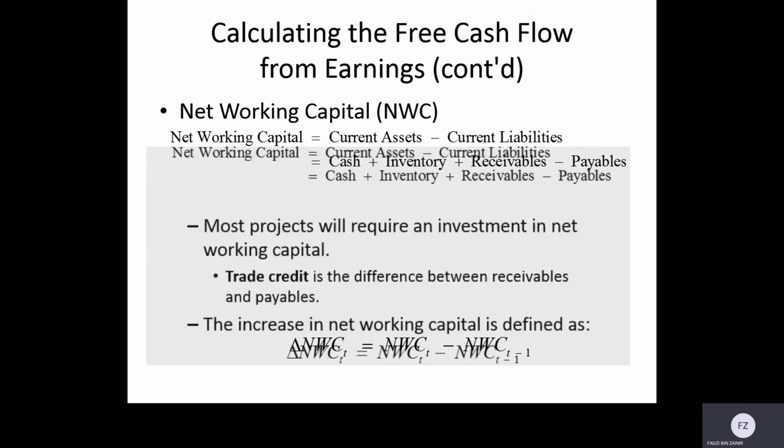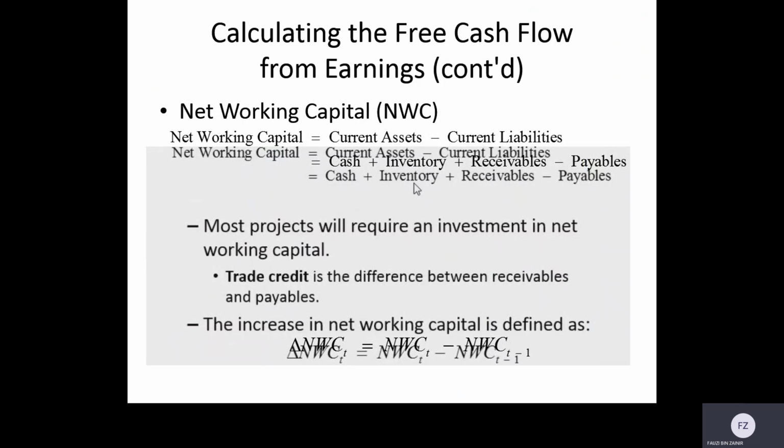Most projects will require investment in net working capital, and before you start any project, you need to have funding for inventories and receivables. So you need to allocate some funding.